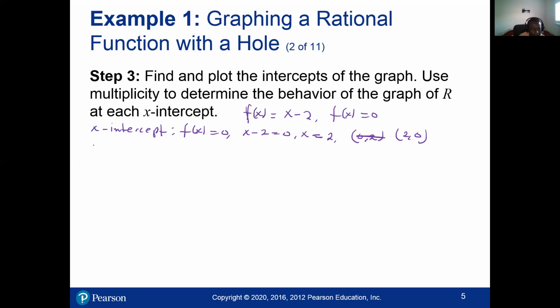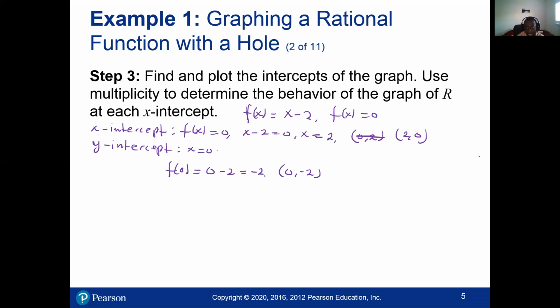And then the y-intercept: you set x to 0, which means f of 0 is equal to 0 minus 2, which is negative 2. So the y-intercept is (0, -2).